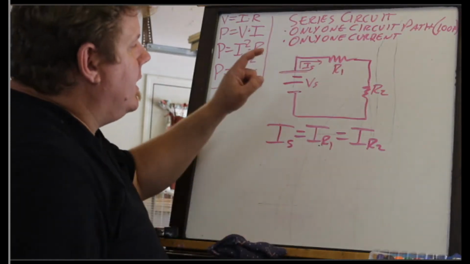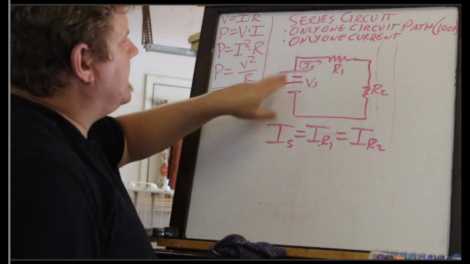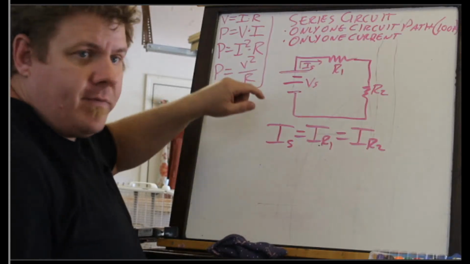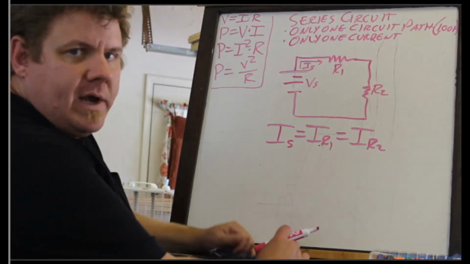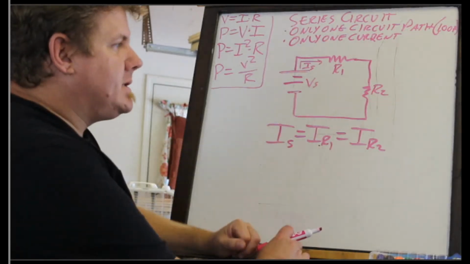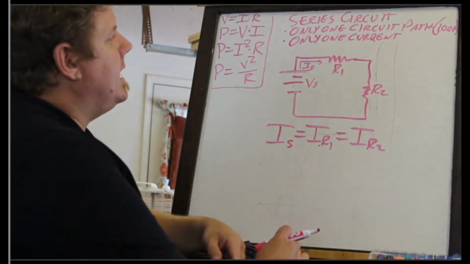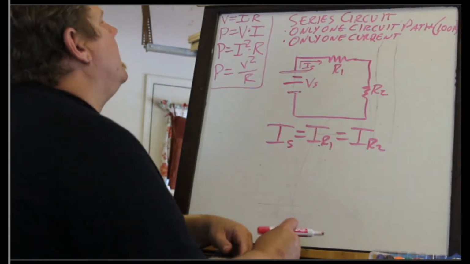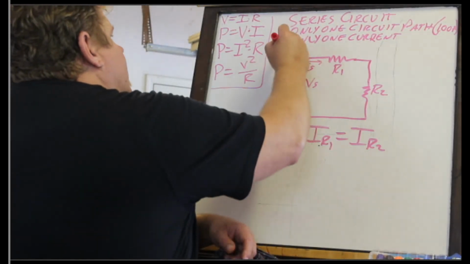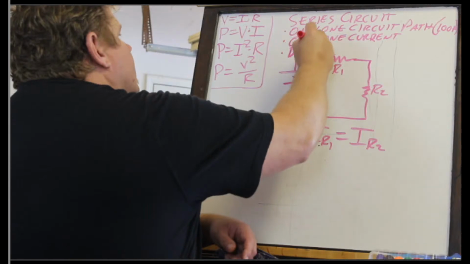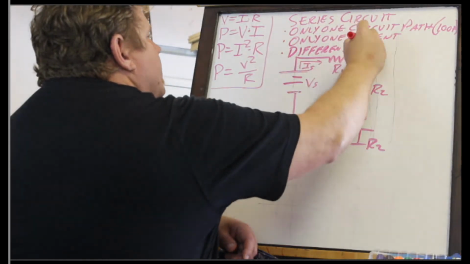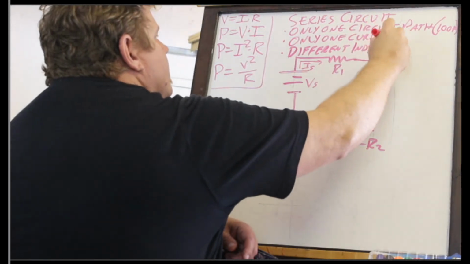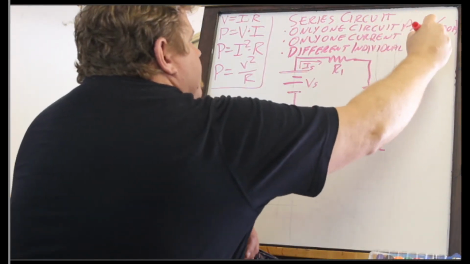And so if I ask what's the current of this, and this, well, if you found one, you found them all, okay? And so we'll verify this when we actually put numbers on this to see if that's true or not, okay? So hopefully it's true. So only one current, different individual voltage drops.